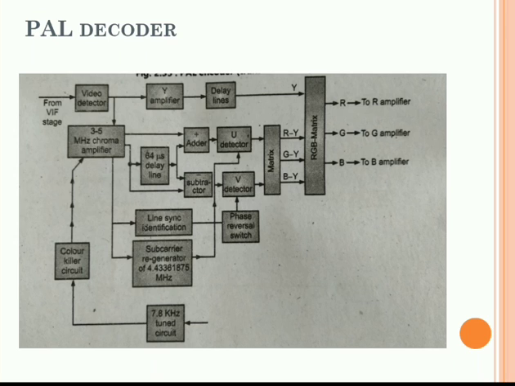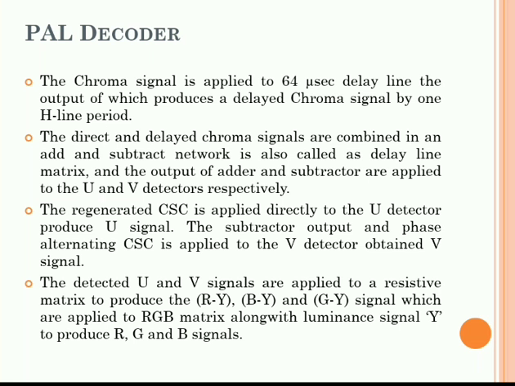That means one original chroma signal and one delayed chroma signal are provided as input to the adder and subtractor block. This adder and subtractor block will be called the delay line network, or delay line network matrix.